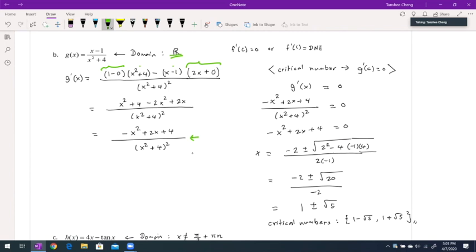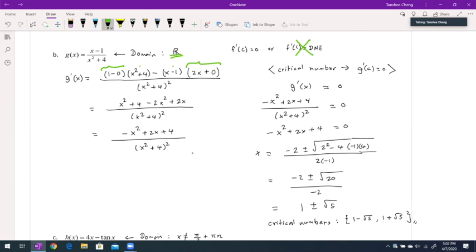Since the denominator of g prime is x squared plus 4 quantity squared, none of the x values will make g prime undefined. So that means this case is out for the critical number, because we will never get f prime of c undefined, right? Does not exist.